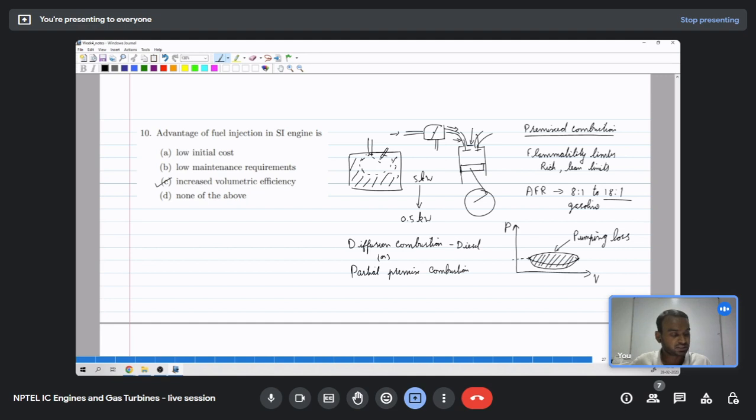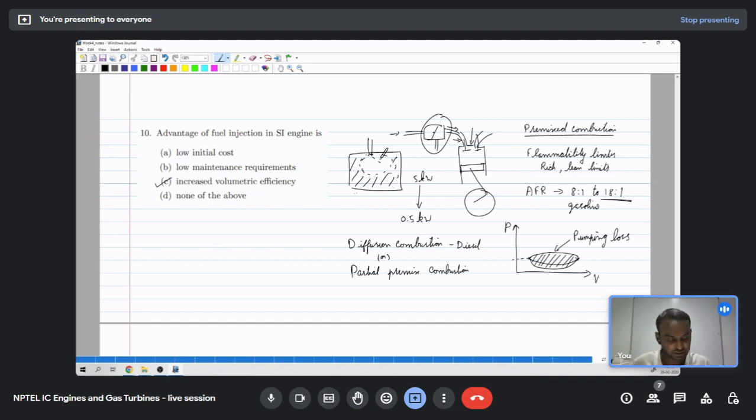So instead of restricting the air passage, like having a throttle and maintaining the air-fuel ratio, we can also stratify the charge and mix the fuel in only a small region of the combustion chamber, and then we can achieve stable combustion even in the part load condition.